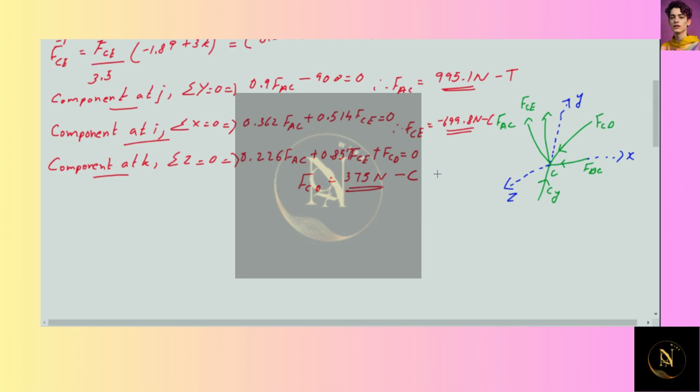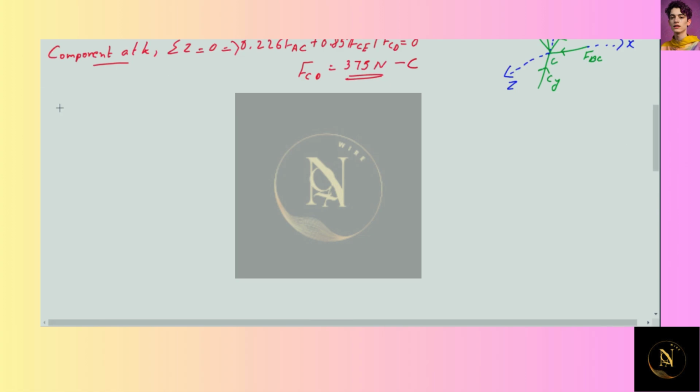Now let's move to the next joint, that is joint D. So joint D connects members DA, DC and DE.